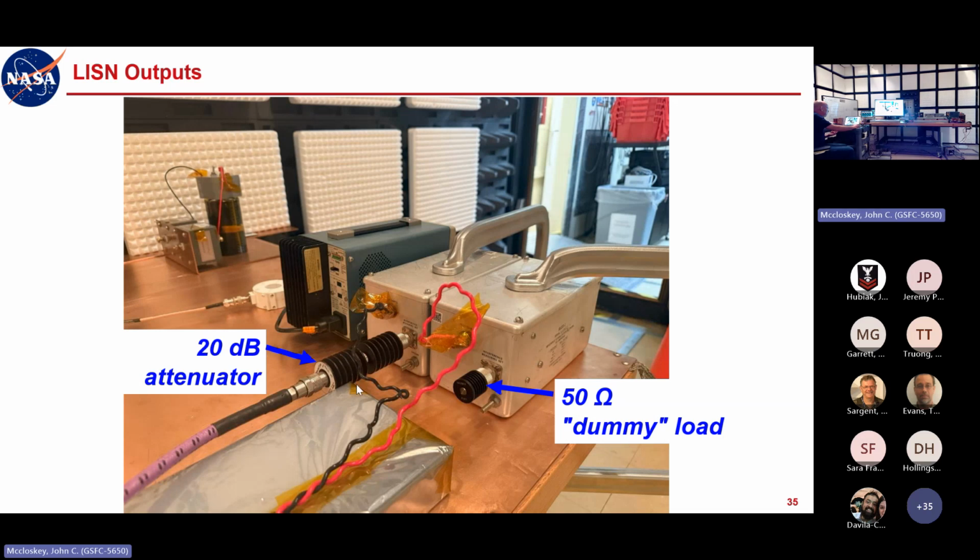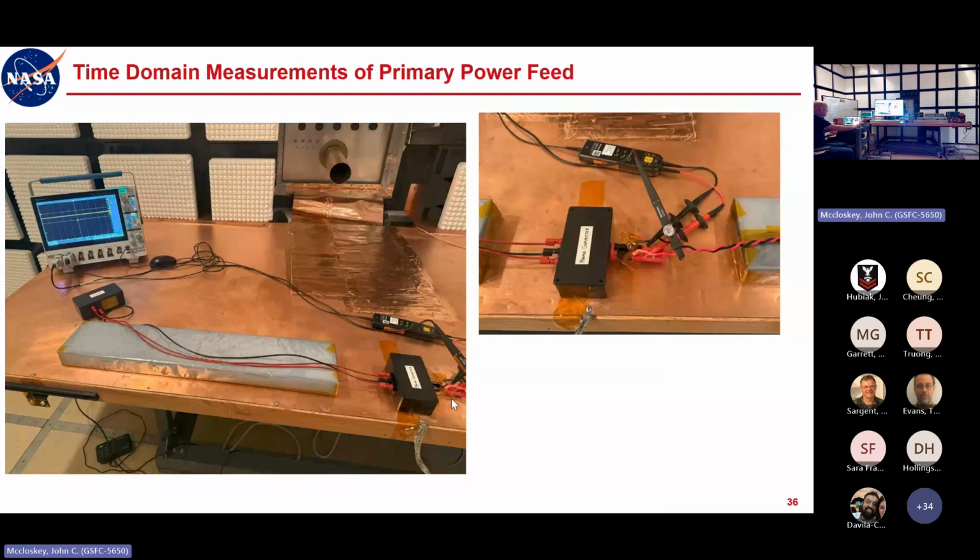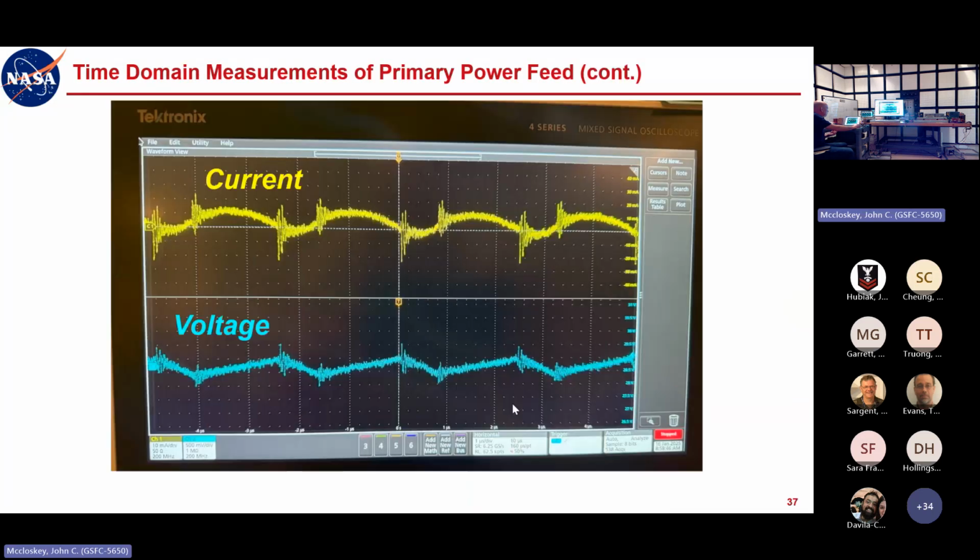If your system can handle it without the 20 dB attenuator, then by all means don't put it in. But if you're putting a 20 dB attenuator in there, you have to account for that in your measurement system to know that what you're actually getting is 20 dB lower than the real value. And then the side that you're not actively measuring from, you need to have that 50 ohm dummy load on the measurement port.